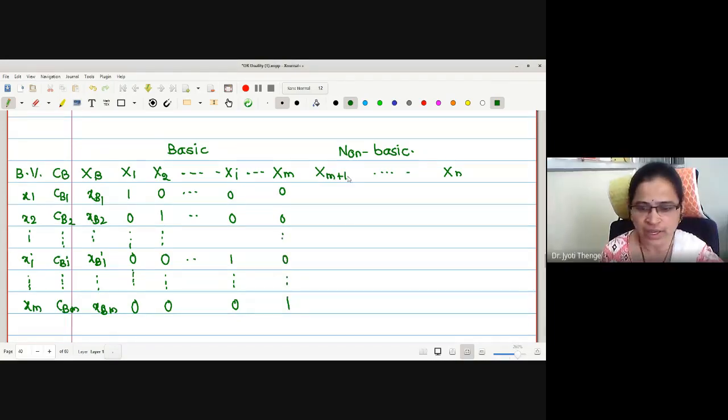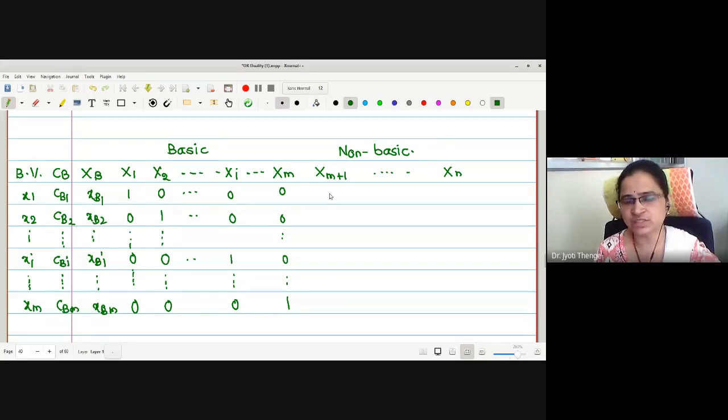Good. From this onwards, we did not know the entries. Now we will write the entries according to their location. As the location of this variable is 1, 1, what is the location of this variable? It is in the first row and the m plus 1th column. Therefore, I will write this entry as x1, m plus 1.